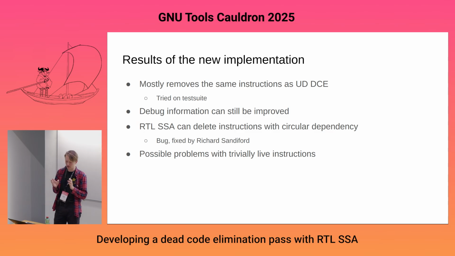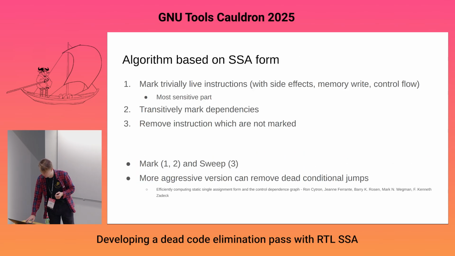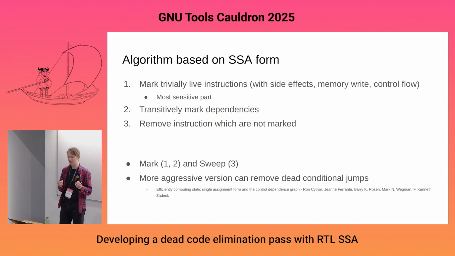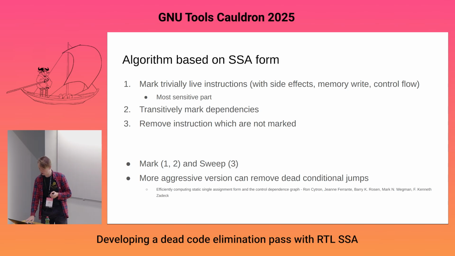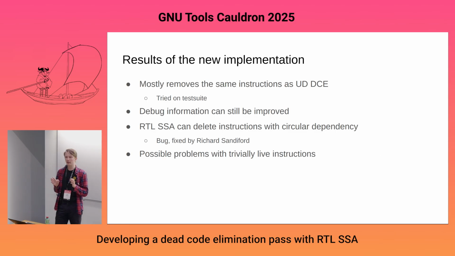There are some instructions that are not deleted by our pass, and this is mostly because the first part of the algorithm is most sensitive, and there was no easy way to rewrite it from the data flow framework to this new framework. So the decisions are a bit different, and we expect that there might be some problems on different architectures.